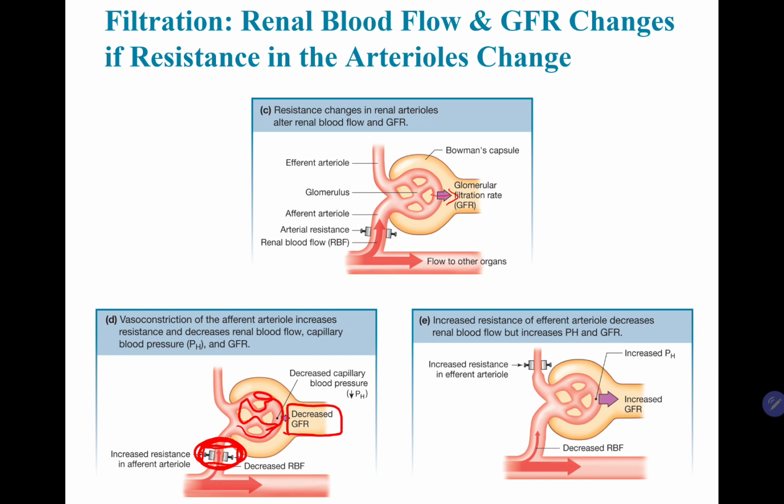On the other hand, if you constrict the efferent arteriole, that means less fluid actually leaves the glomerulus, more fluid builds up in here, and if more fluid is building up in here, that increases the hydrostatic pressure there. And so, if you have increased hydrostatic pressure, that's going to increase your glomerular filtration rate.